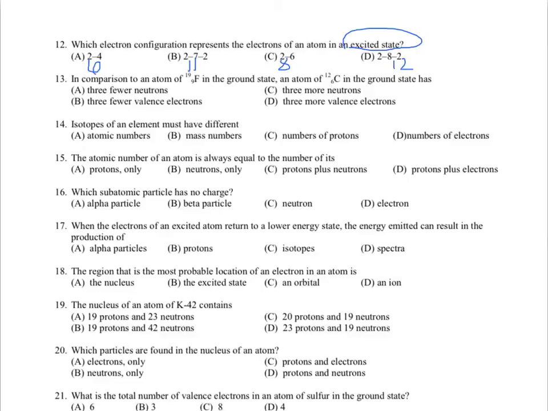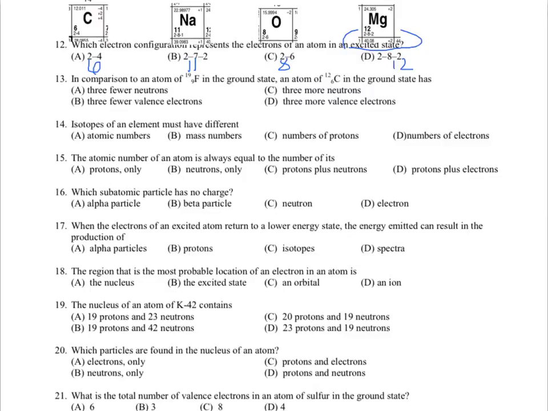We're going to compare these electron configurations to the ones on the periodic table. So here we have carbon, sodium, oxygen, and magnesium. When looking at the carbon, we can see that their electron configurations exactly match. So carbon is not the correct choice. Looking at sodium, we can see that sodium usually has an electron configuration of 2-8-1, but we're given an electron configuration of 2-7-1.